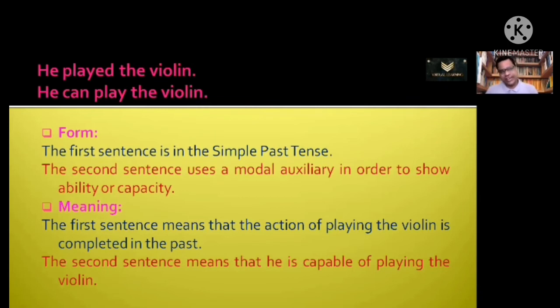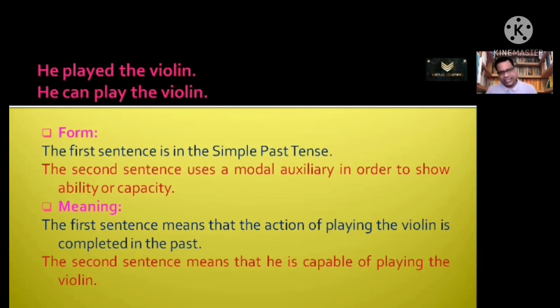Now you see, as far as the form of these two sentences is concerned, the first sentence is in simple past tense, whereas the second sentence uses a modal auxiliary can in order to show the ability or capacity of the subject, that is he. Now you see how the meaning is getting changed.